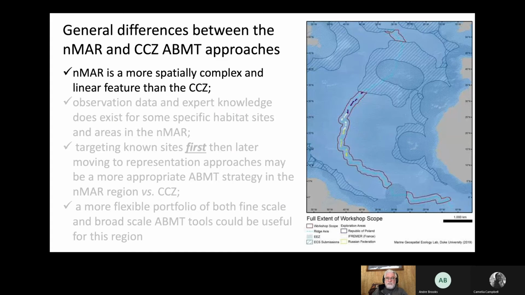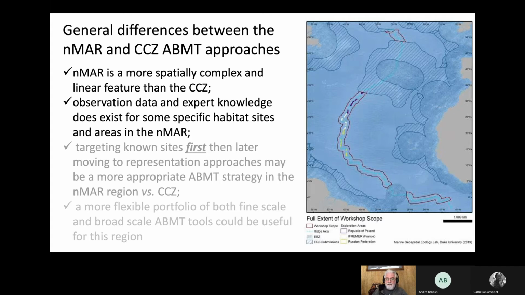The Northern Mid-Atlantic Ridge is a more spatially complex and linear feature than the CCZ. Observation data and expert knowledge do exist for some specific habitat sites in the Northern Mid-Atlantic Ridge. It was also thought that targeting known sites first, then later potentially moving to representation approaches, may be a more appropriate area-based management tool strategy in the Northern Mid-Atlantic Ridge versus the CCZ.